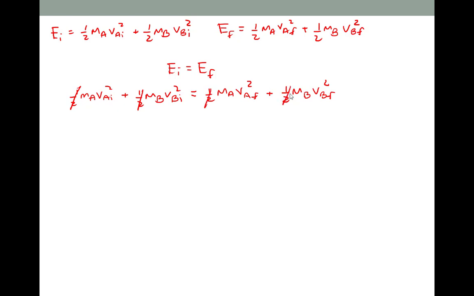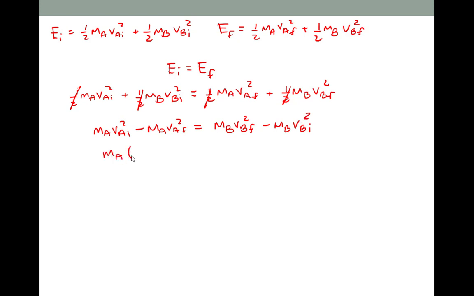And now my next step is to do exactly what I did for momentum with energy and move everything involving mass A to one side, everything involving mass B to the other side. So that is MA VA initial squared minus MA VA final squared equals MB VB final squared minus MB VB initial squared.